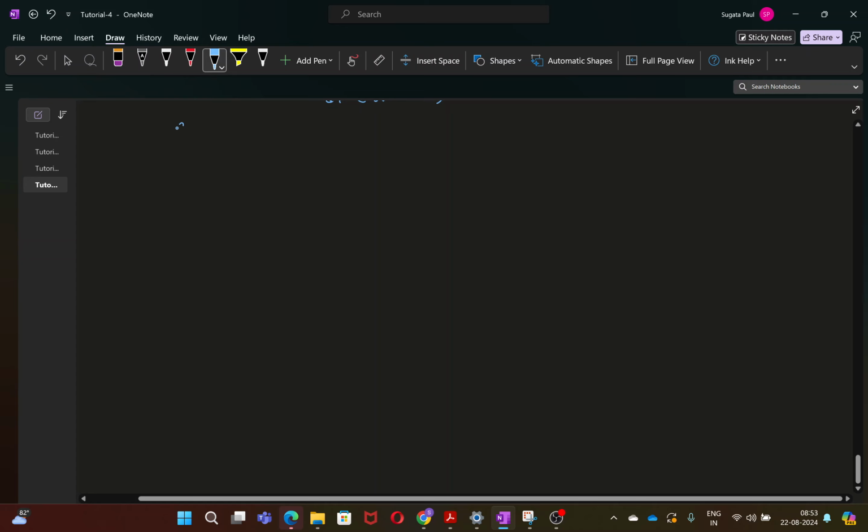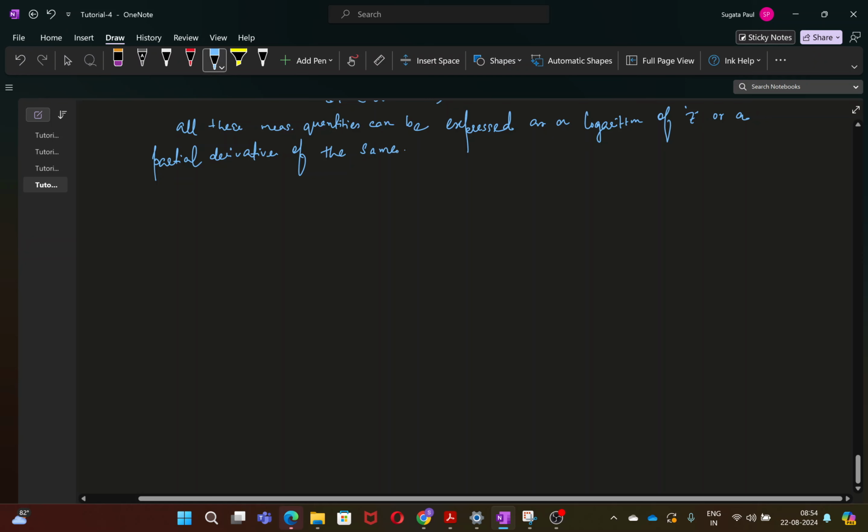So all these measurable quantities can be expressed as a logarithm of the partition function Z or a partial derivative of the same.